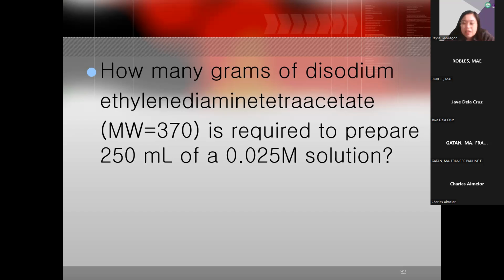This is not done through titration. You just have to determine the amount in grams of the EDTA to be used in order to prepare this solution. 250 ml is the volume and 0.025 molar is the concentration. Go ahead, try. I'll wait for your answers in the chat box.